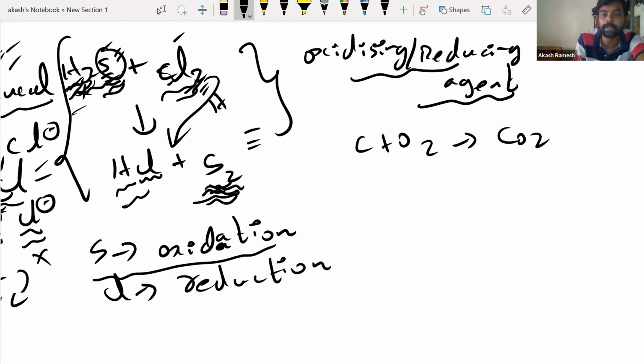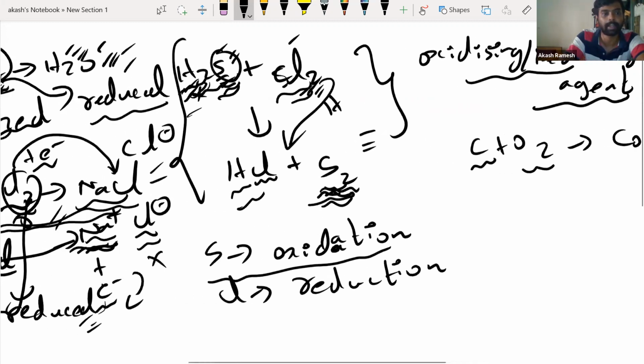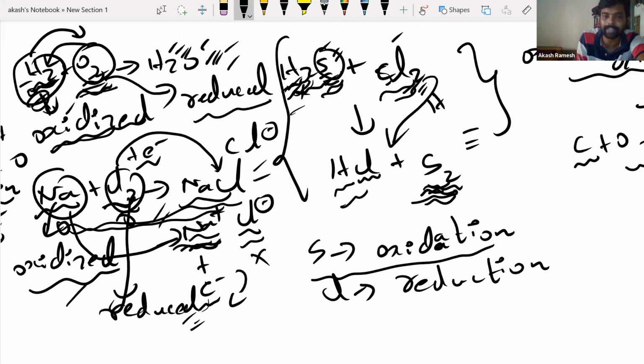You cannot say that this is an oxidation reaction or this is a reduction reaction. You have to speak only with respect to a particular element or a particular compound, in the sense that you can speak in terms of carbon getting oxidized or reduced, or you can speak about oxygen getting oxidized or reduced, right? Even in the previous example you would have seen, we spoke about two things, one substance getting oxidized, another substance getting reduced.